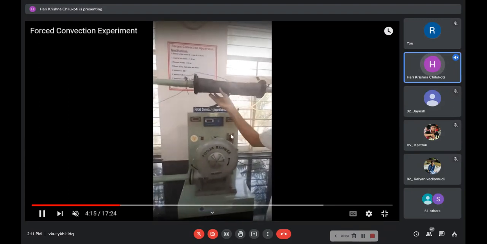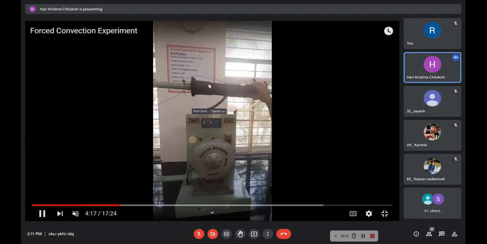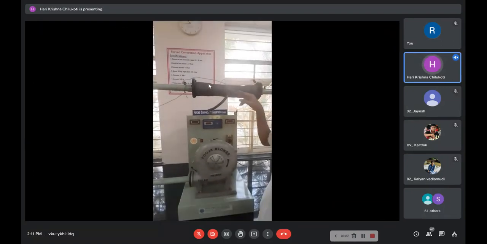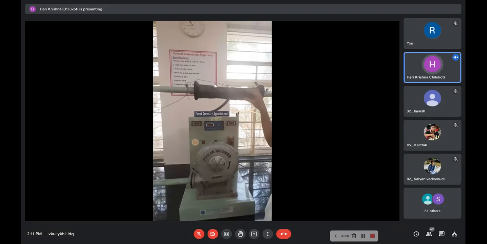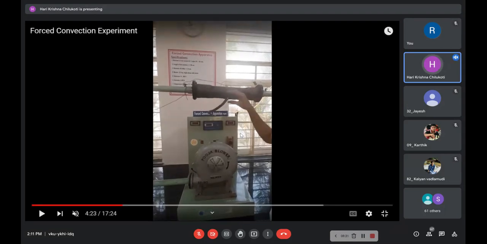By adjusting the dimmerstat, we can give an appropriate amount of power input to the heater. After that, once we have given an appropriate amount of power input, the tube surface is heated and the air, which is at atmospheric condition, more or less, is flowing through this portion.